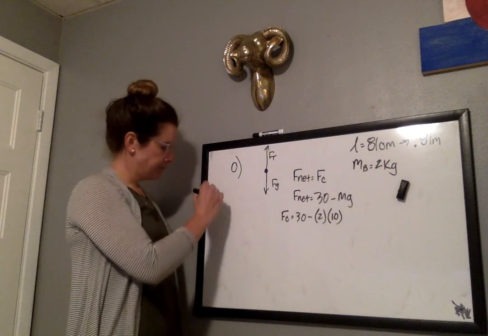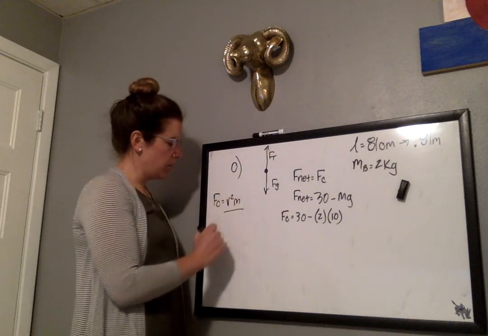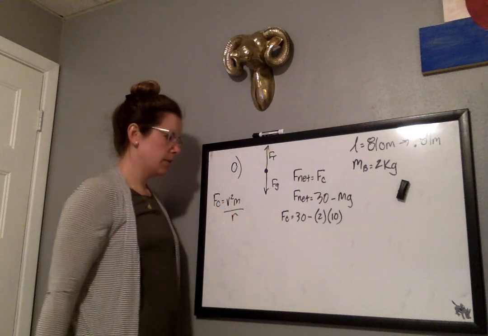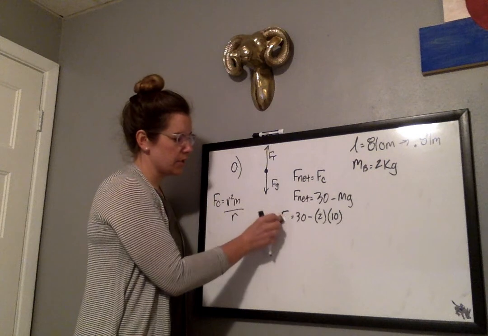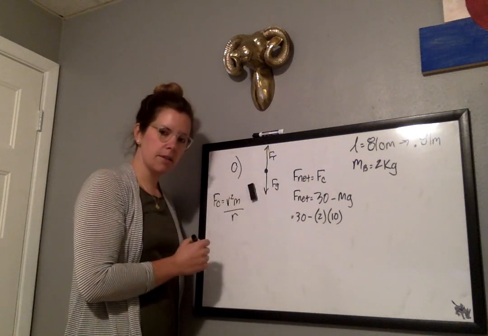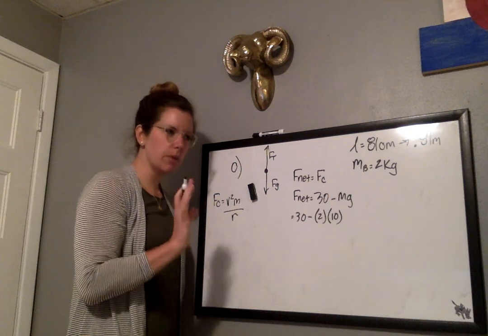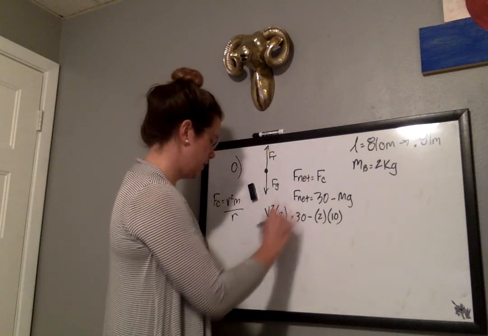Centripetal force, for that last one, we had as v squared times m over r. Plug that in over here. Again, we're trying to solve for velocity at point B here. I think I wrote on the last diagram point A, or point B, but we were at point A. Okay, forget that.